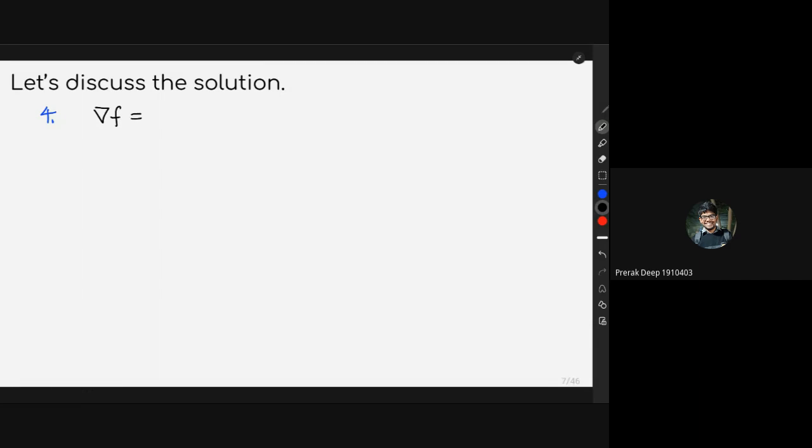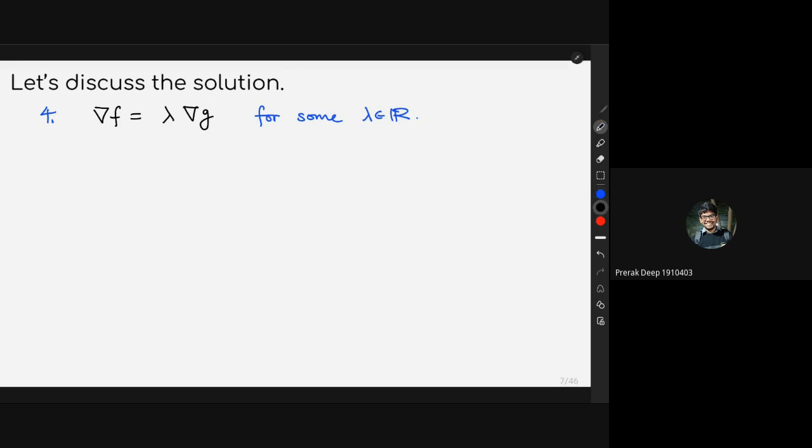The gradient of f is equal to lambda times the gradient of g, for some real valued lambda. Now this lambda is unknown, so the task is to find this lambda as well.